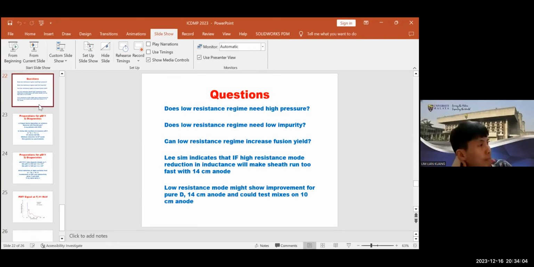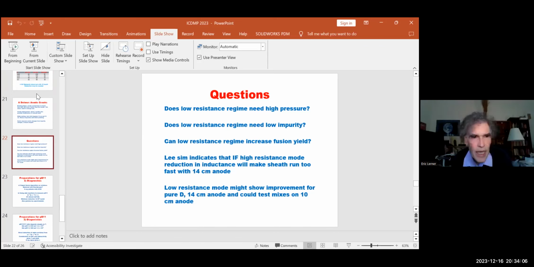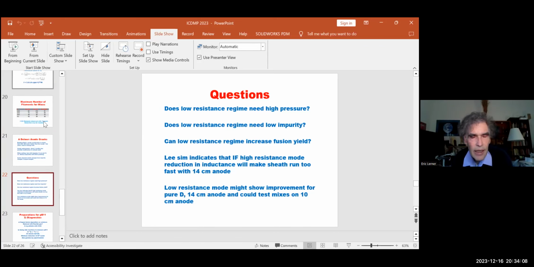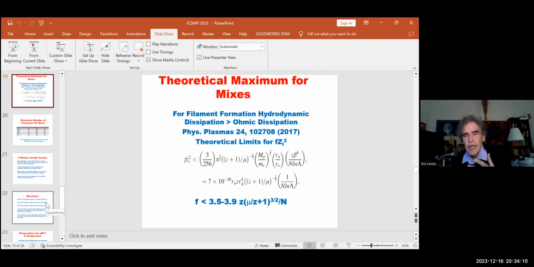The problem is that in the formation of any filaments in a plasma, the plasma is going to try and form a minimum dissipation organization of the current.